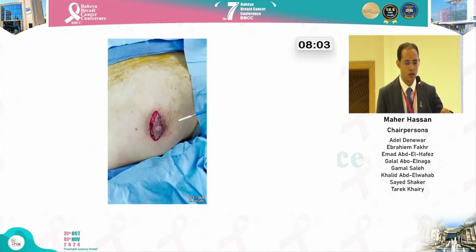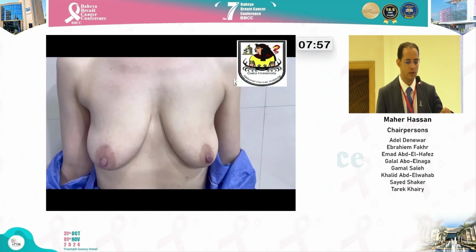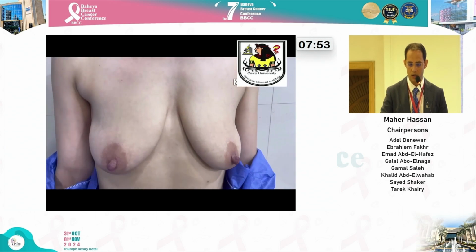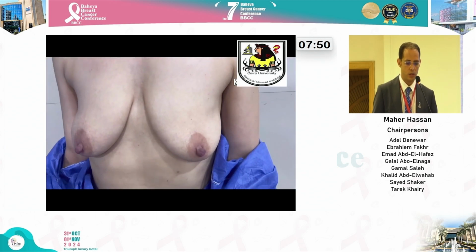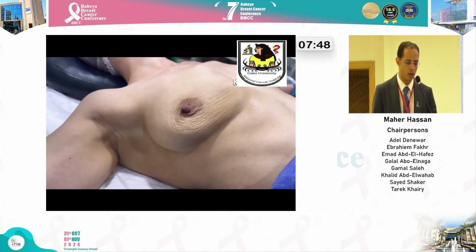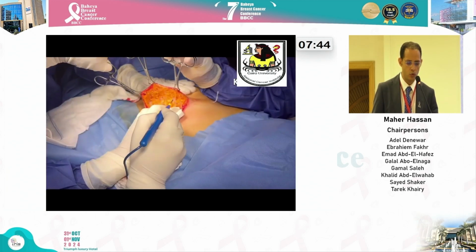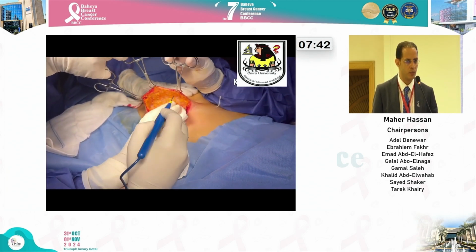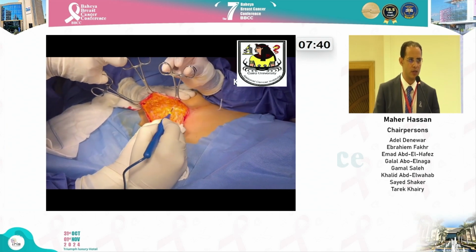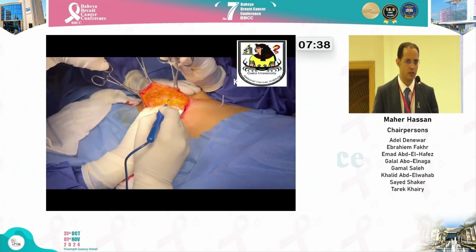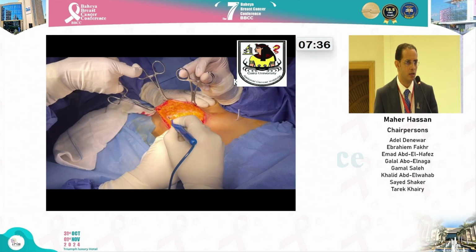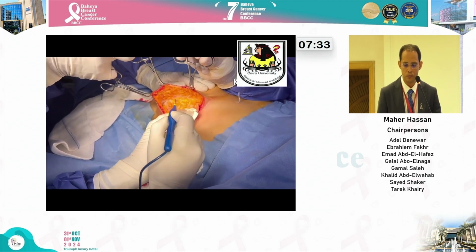It was on about 132 breast cancer cases, and in the same approach that we will see in this video, this patient, post-neoadjuvant chemotherapy with multicentric breast cancer, through the inframammary lateral approach, we go for nipple-sparing mastectomy and implant-based reconstruction using the silicone round smooth implant and the Ultra Pro mesh.